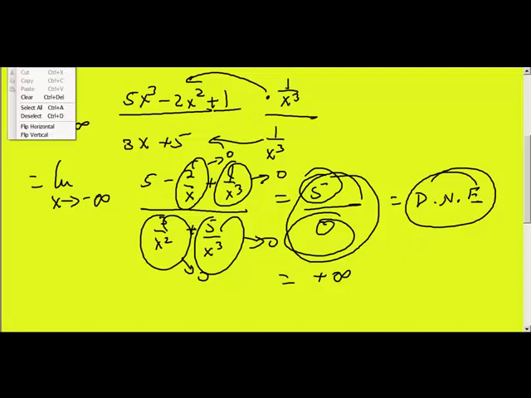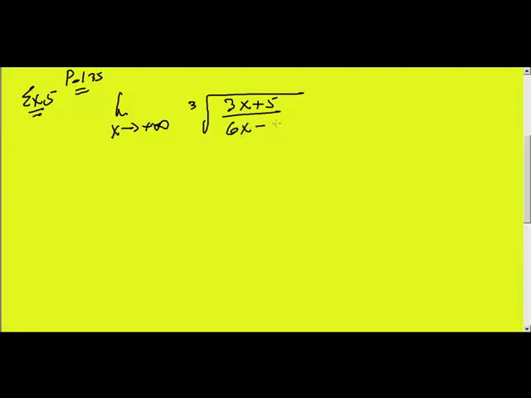Alright, so let's get to example number 5, and that's on page 135. Now comes a radical. So the limit as x goes to positive infinity of the third root of 3x plus 5, all that over 6x minus 8. Well, the same rules apply as in the last section. When we take a limit of a radical, we can go inside, take the limit, and then take the third root.